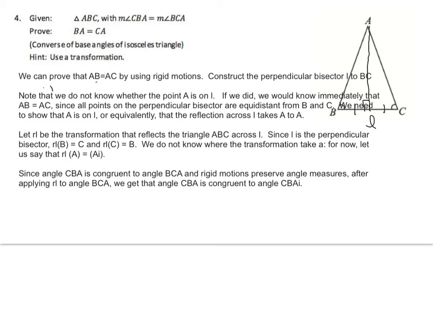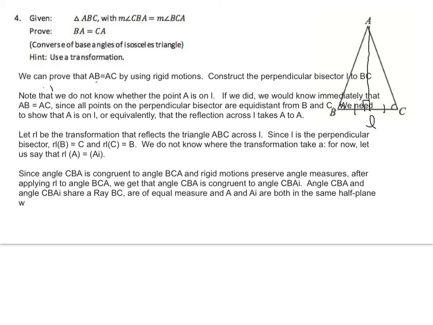So we're there, right? Just have to tie it up. Angle CBA and angle CBA prime share a ray BC, are of equal measure, and A and A prime are both in the same half plane with respect to line BC.